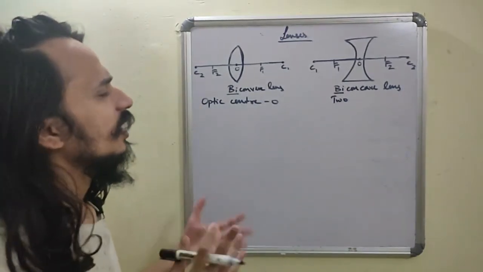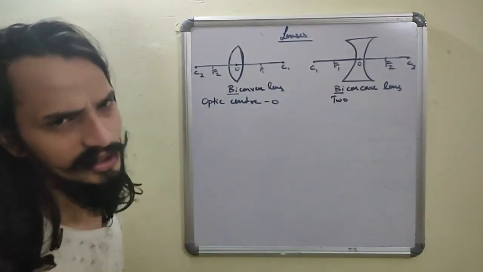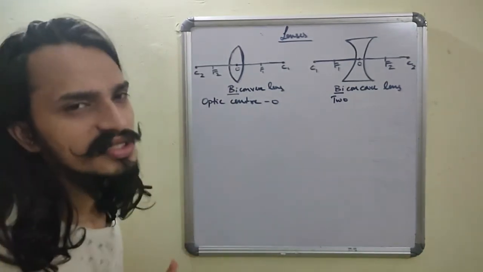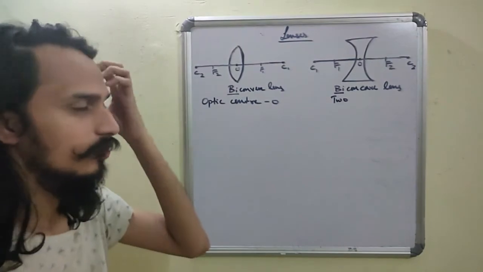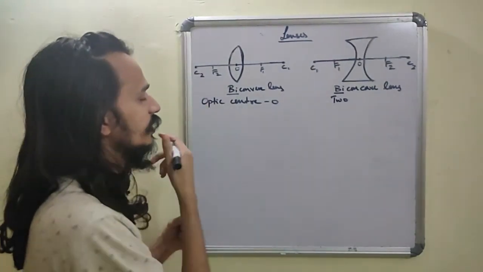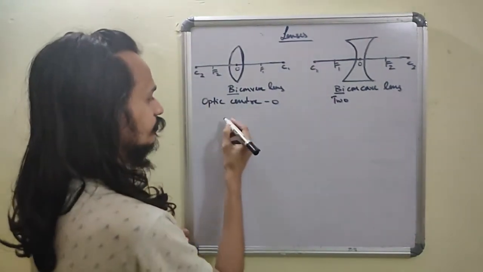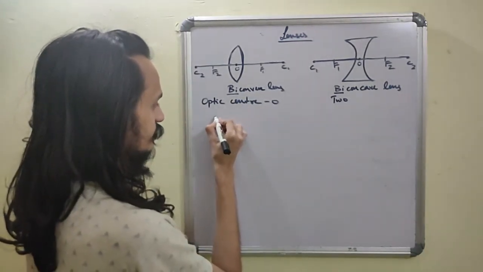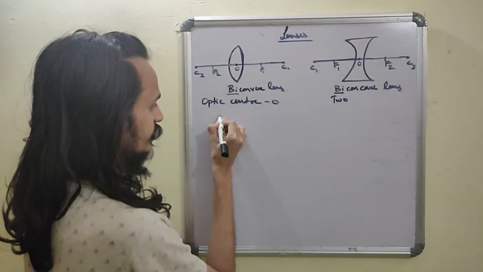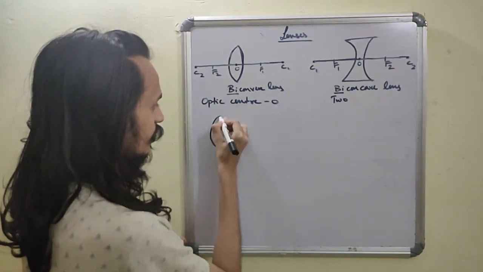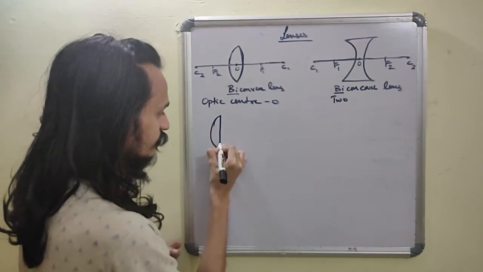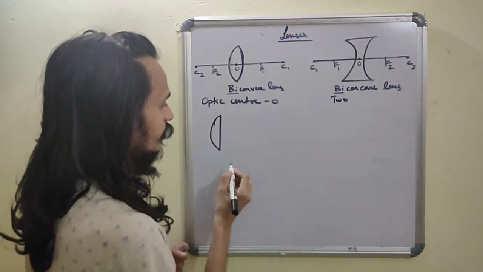Alright, now other than these two, there are other lenses. We won't be talking majorly about them, but we'll just take a look for knowing the names. So what I can do is make a lens that looks like this. I'll take one of these and the other one I'll make flat.